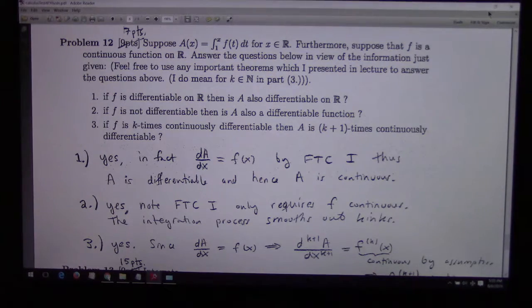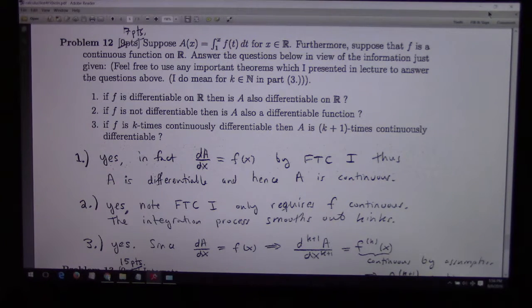All right. Question 2. If f is not differentiable, then is A also a differentiable function? Let's see, if f is not differentiable, then it doesn't matter. f is given to be continuous. A is still differentiable by FTC1. FTC1 only requires f continuous. If it's not differentiable, but it's still continuous, doesn't matter.